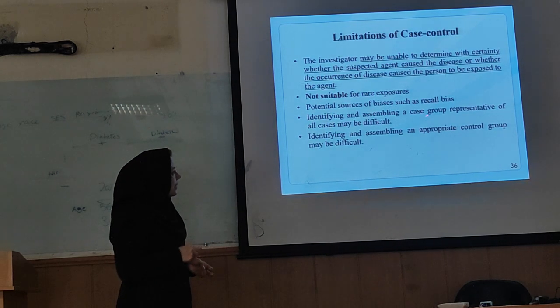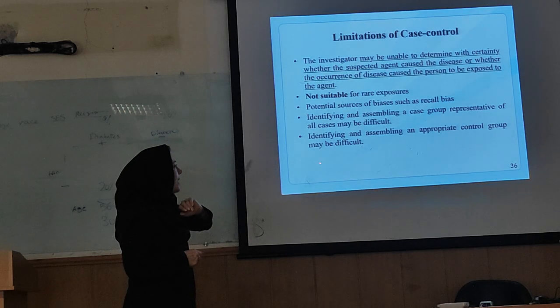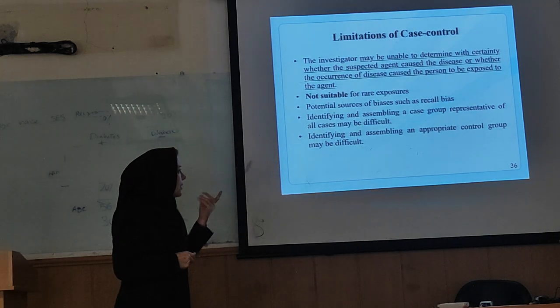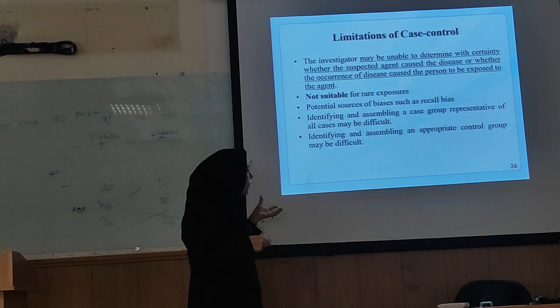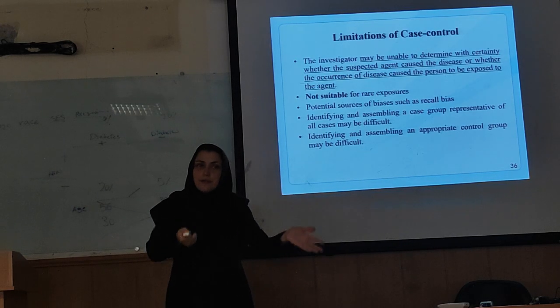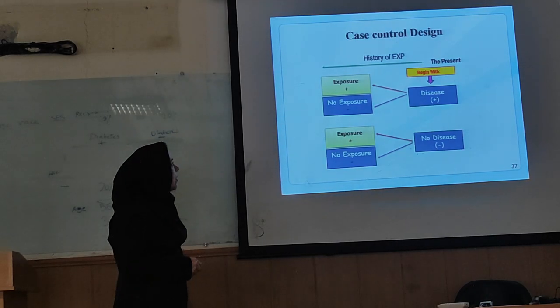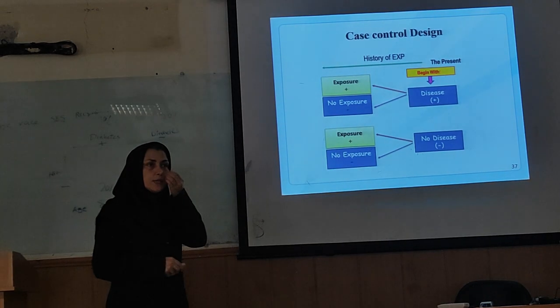Identifying and assembling a case group that is representative of the case group in the community is difficult, and more difficult is identifying an appropriate control group that is representative of the control group in the society. These are limitations of case control study.